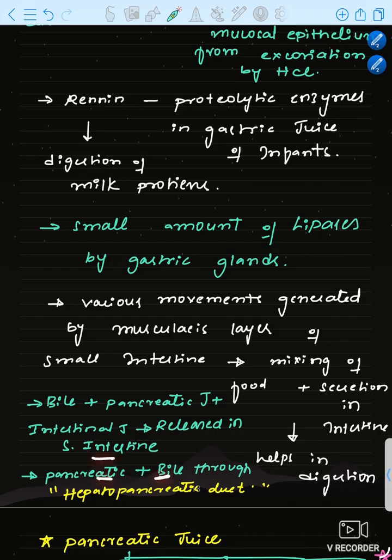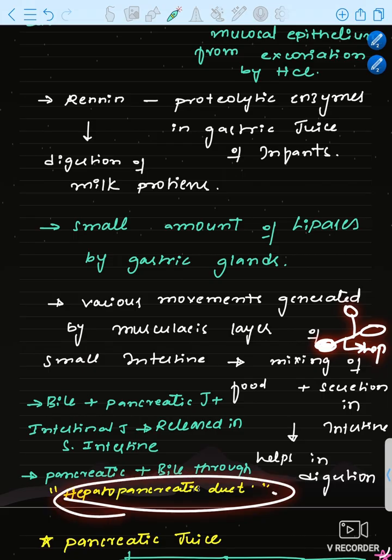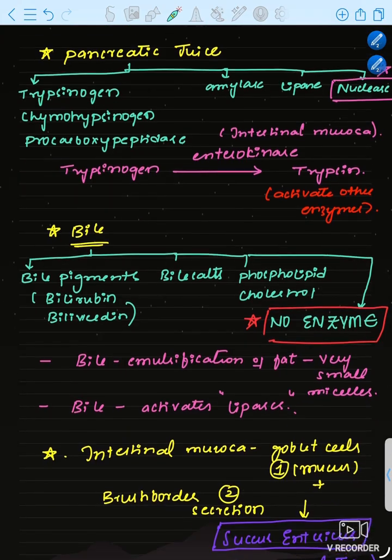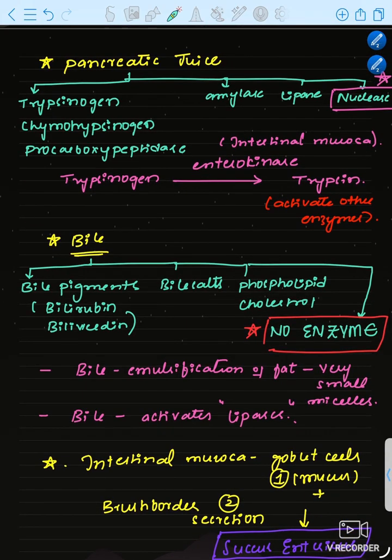Pancreatic juice and bile juice, as I already told you previously, both will be released into the duodenum by the hepatopancreatic duct. Now we are done with the mastication in the mouth, then the stomach. Now it's time to discuss the pancreatic juices.